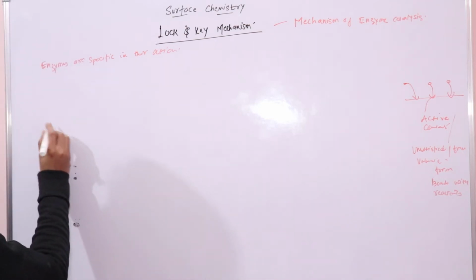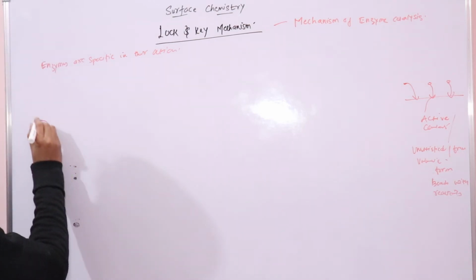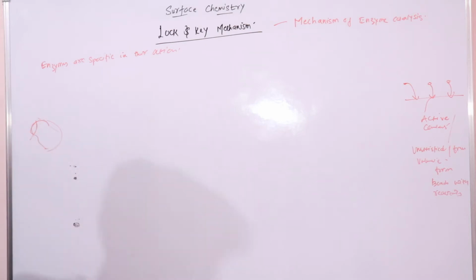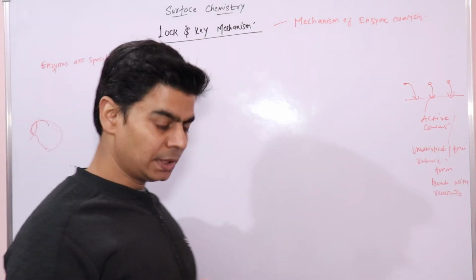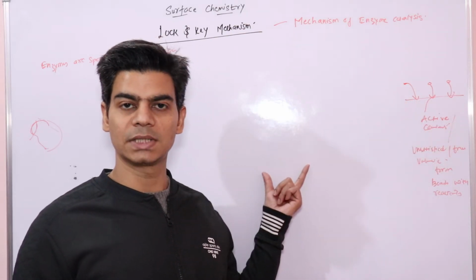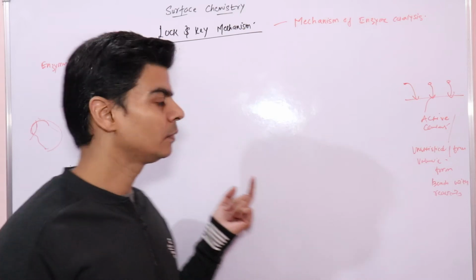If this is an enzyme, on its surface we have active sites, just as we had active centers on the catalyst surface.